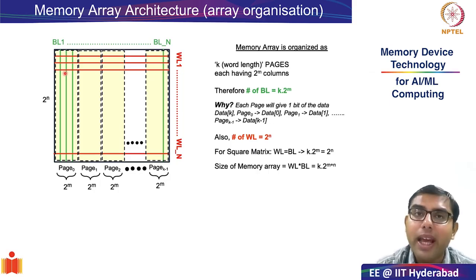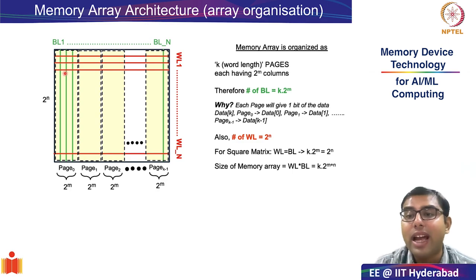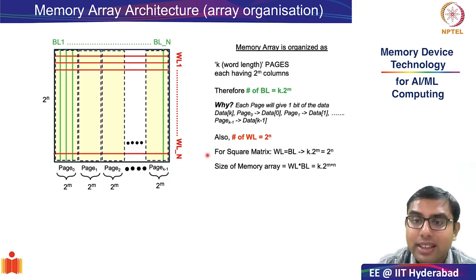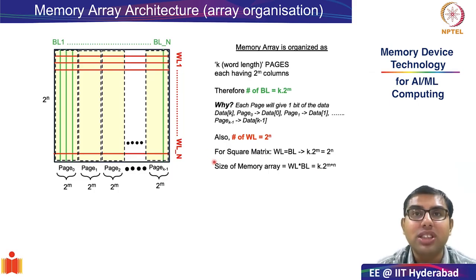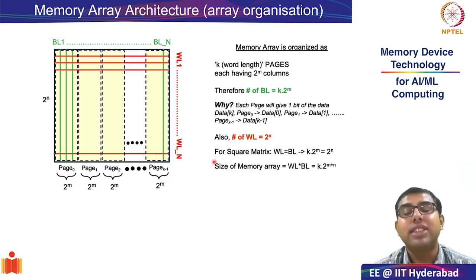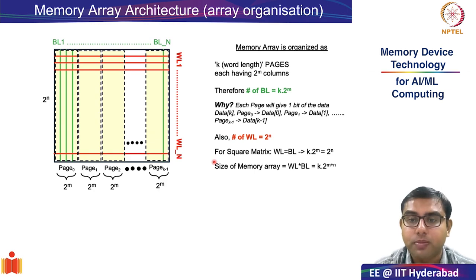Therefore, the multiplication of the word line and bit line will give you the total size of the memory array, which is nothing but k into 2 to the power of n into 2 to the power of m, which is nothing but k into 2 to the power of m plus n. By putting these two constituent equations, it is possible to calculate m and n for a particular design, and we will see how to do that in a solved numerical in the next class.